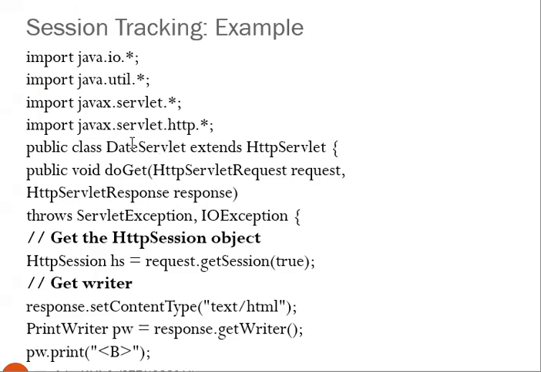This is the DateServlet, which extends HttpServlet, with the doGet method. Inside the doGet method, we can create a session: HttpSession hs = request.getSession(true). This getSession(true) indicates that if no session is there, it will create a session. Then we can use the session hs.